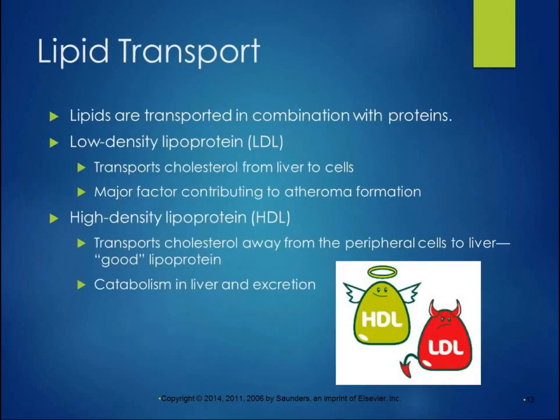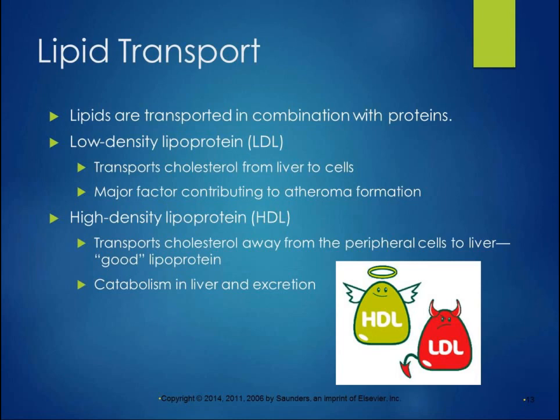Lipids are transported in our blood in combination with proteins. The LDLs, low density lipoproteins, are the bad cholesterol. So they have this little picture: the LDL's bad and the HDL's good. Another way that I've heard it to remember is that the LDLs are the lousy lipoproteins and the HDLs are the happy lipoproteins.